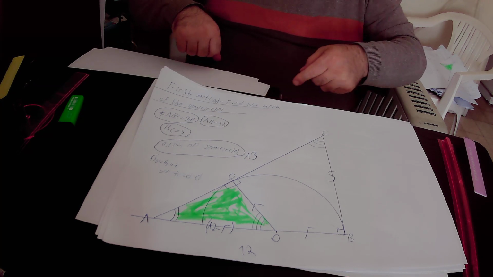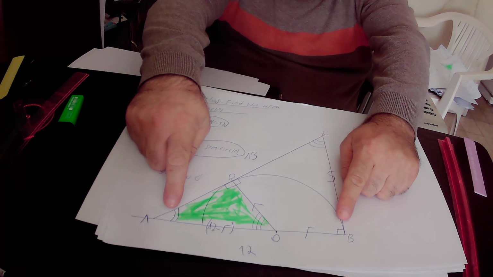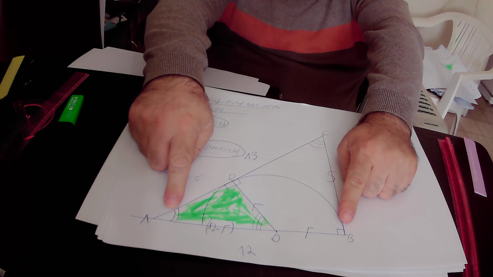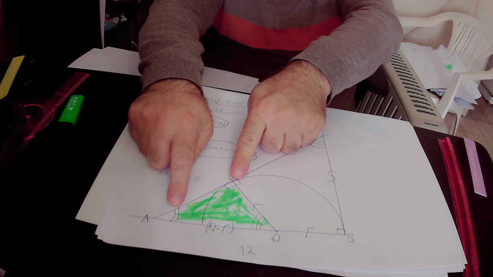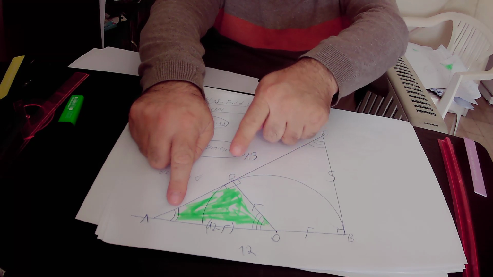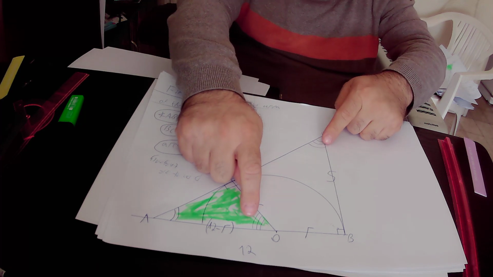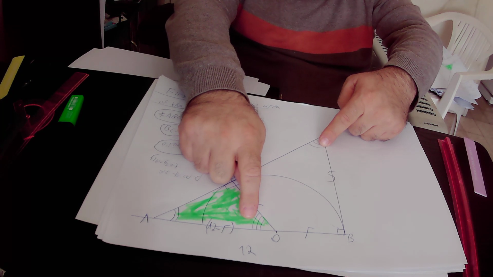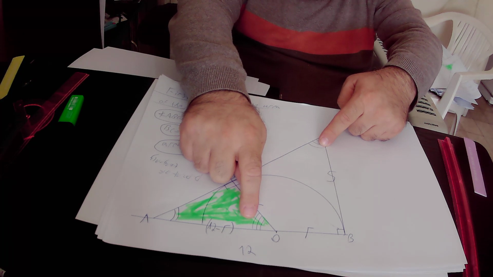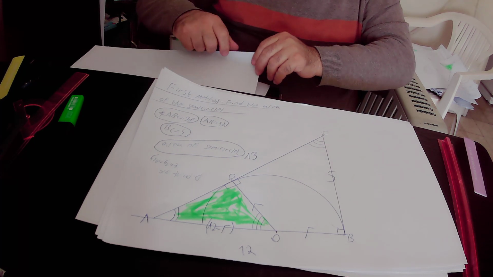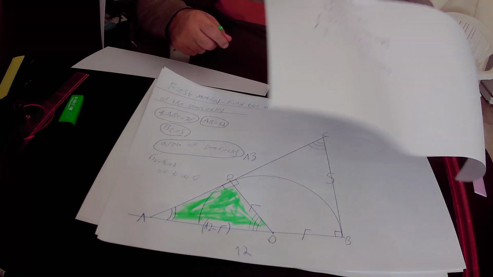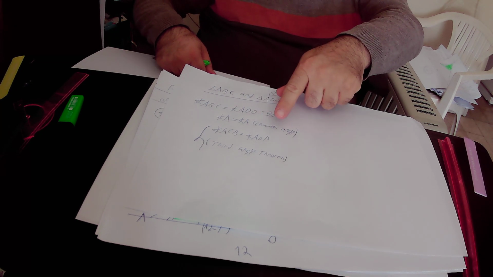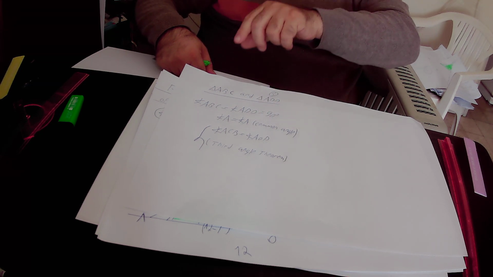Here we found that those two angles in triangle ABC are congruent to those two angles in the green triangle, so the third pair of angles must also be congruent. Why? Because the angles of a triangle add up to 180 degrees. Okay, so angle ACB equals angle AOD according to the third angle theorem.